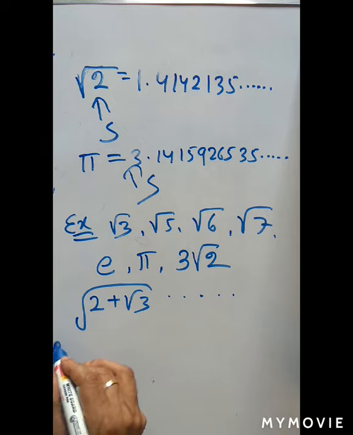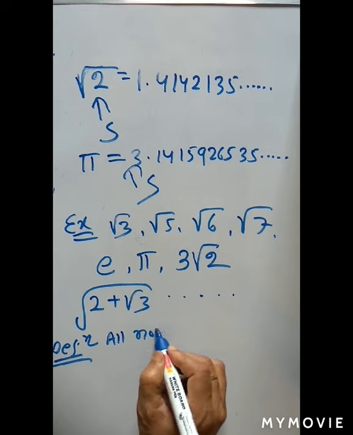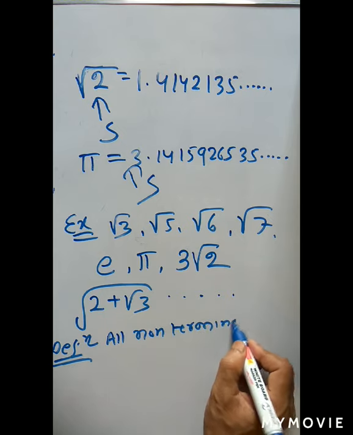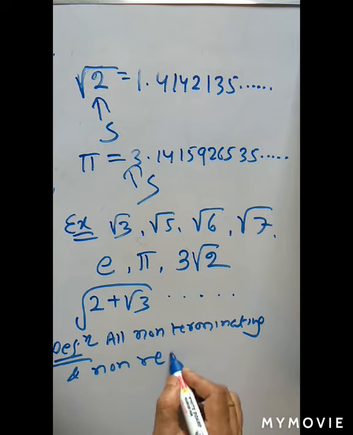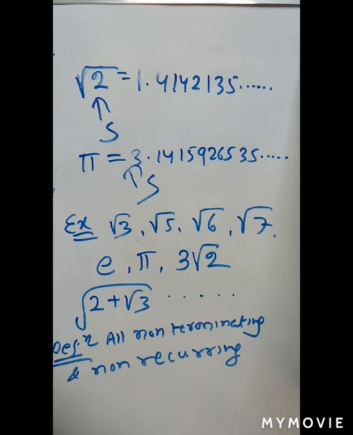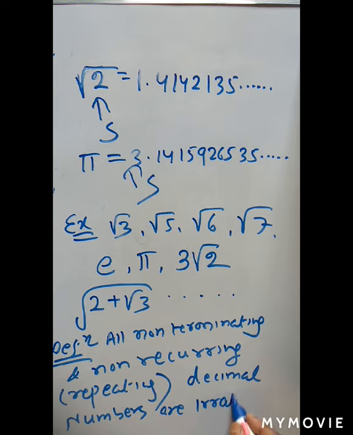Okay, so what is the conclusion? Which type of number is called an irrational number? All non-terminating and non-recurring, recurring meaning repeating, decimal numbers are irrational numbers.